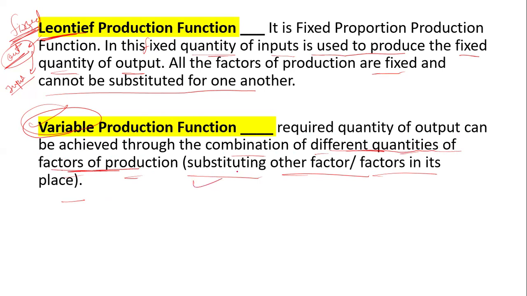The Leontief production function is for fixed quantities, but in the variable case there are different quantities in the combination.